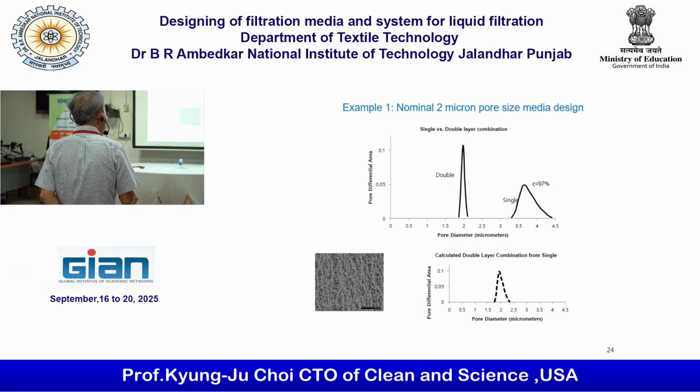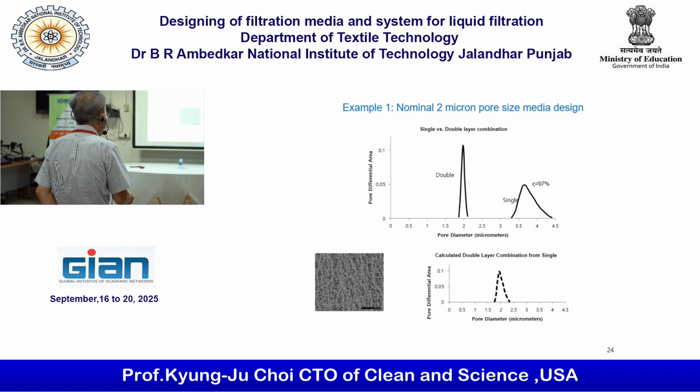Single layer pore size distribution looks like this, and the porosity is 97%. Then if you do the double layer, it's like that, about 2. Once you use the equation up there, it looks like that.